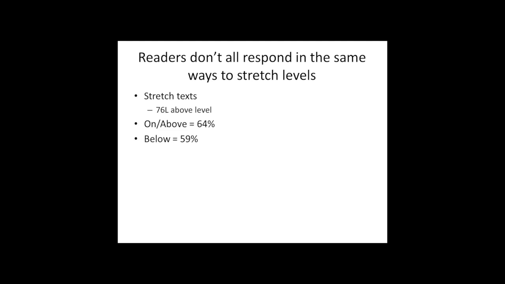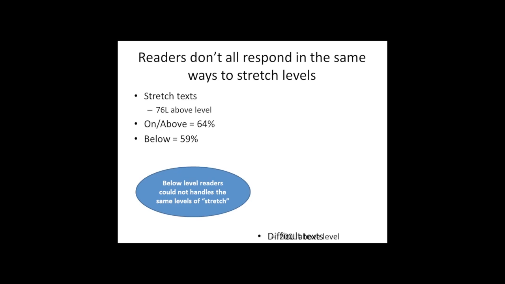Below level readers were still slightly lower than above level, even though the absolute difficulty of the passage was the same. So it suggests that there's something going on there with their motivation and their background.